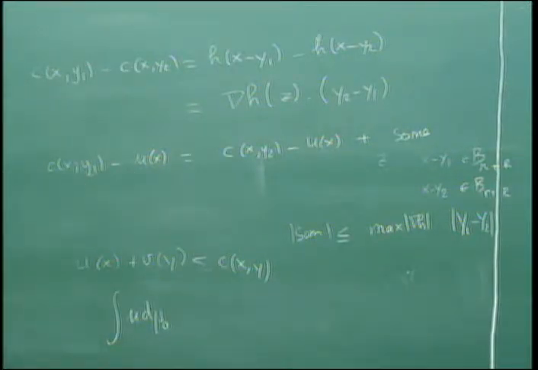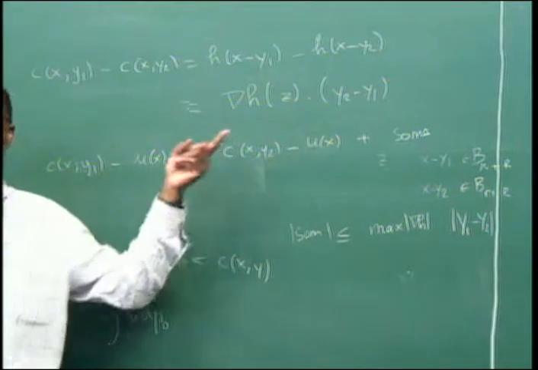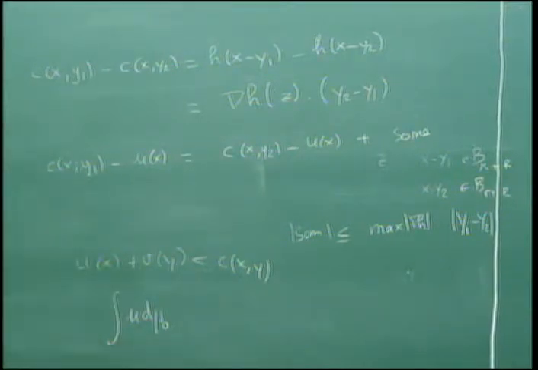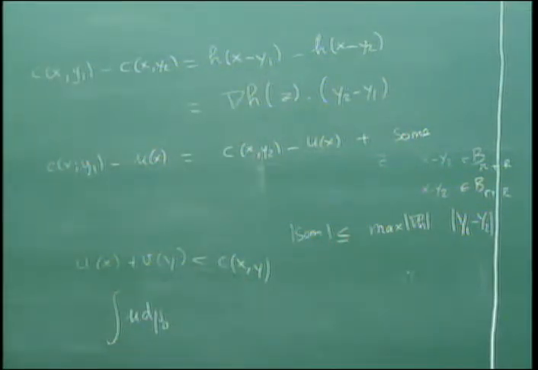And so this proves that when I minimize this, if it is negative infinity, then when I minimize that, it will also be negative infinity. But if one of them is not negative infinity, then we have this estimate of what I call something, which is less than y1 minus y2 times the maximum of the gradient of h on the ball of radius little r plus capital R. And every Lipschitz function is differentiable almost everywhere. Therefore, u^c is differentiable almost everywhere. And in fact, u^c is continuous.